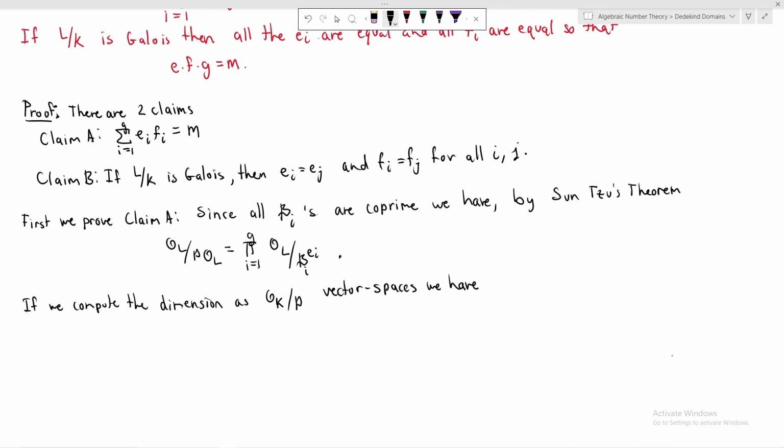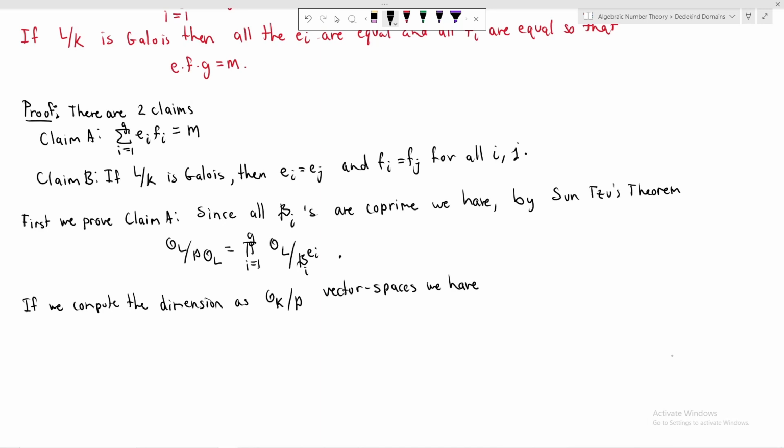And so O sub K mod P is a field, so I'm thinking of this thing as a vector space. And then similarly, P is contained in each of these ideals, and so P will also act trivially on all of these product factors, and you can think of each of these as O sub K mod P vector spaces as well.